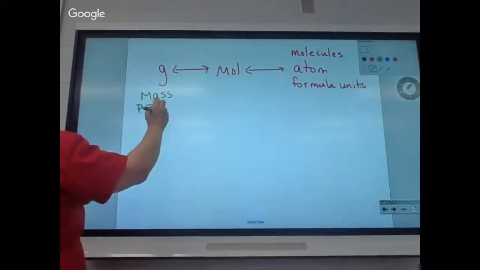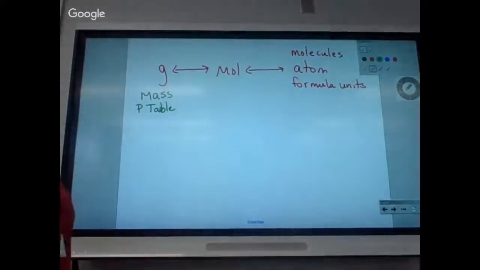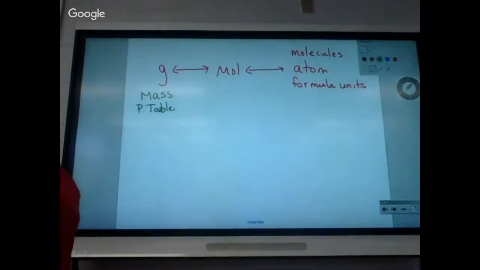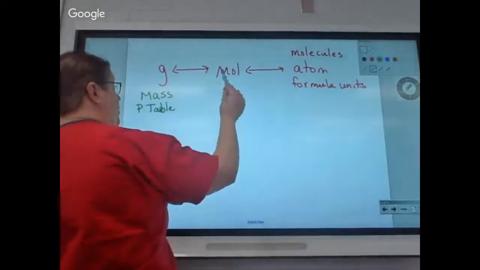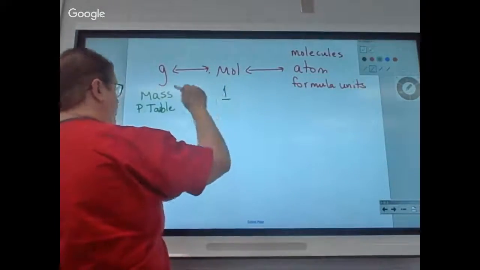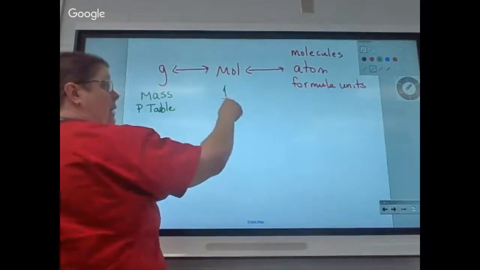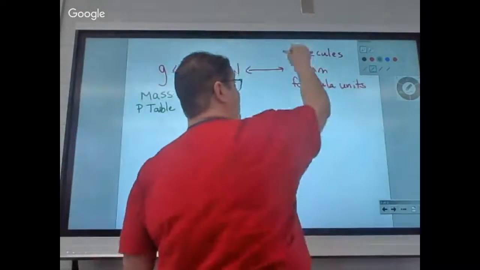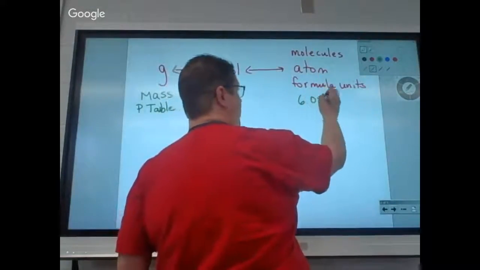Periodic table. So anytime you write grams in the chart, you got to look on the periodic table. Every time you write moles in the chart, what number is going beside moles? 1. Okay? You can't do anything but look it up on the periodic table for grams, and we can't do anything but put 1 beside moles right now because we don't know how to balance. And every time we write any of these 3 words, we're putting what? Avogadro's number.